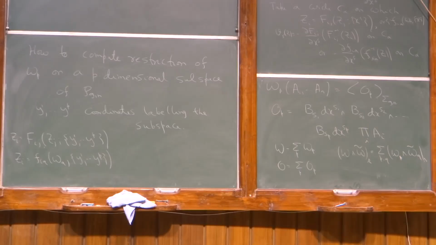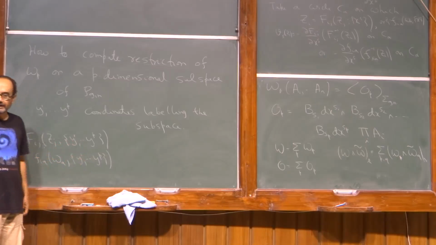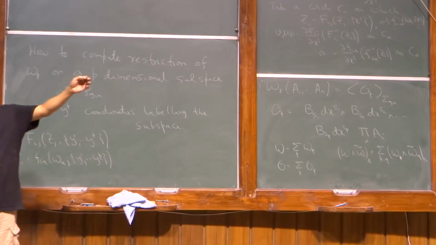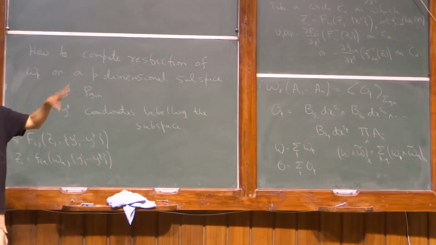That's what gives the subspace of PGN. Because for every y1 to yp, every point in the y space, you are giving a point on PGN. And as you vary over y, you get a p-dimensional subspace of PGN.